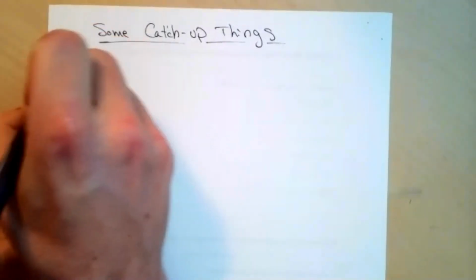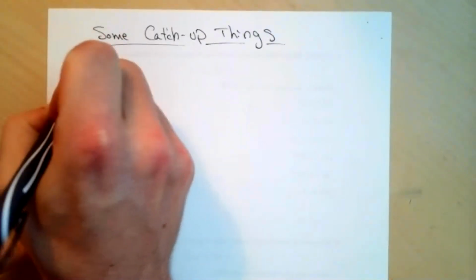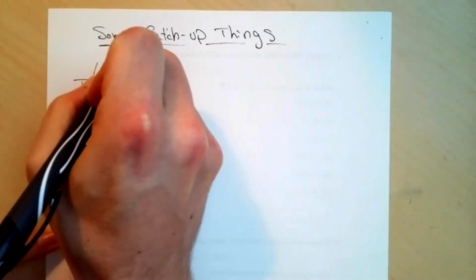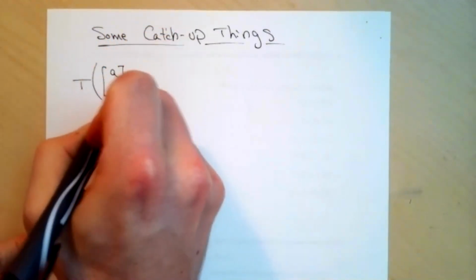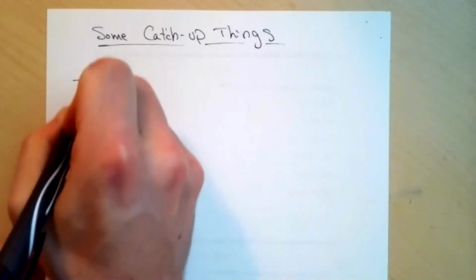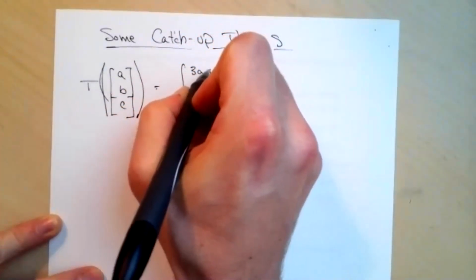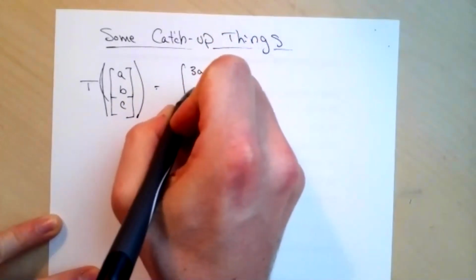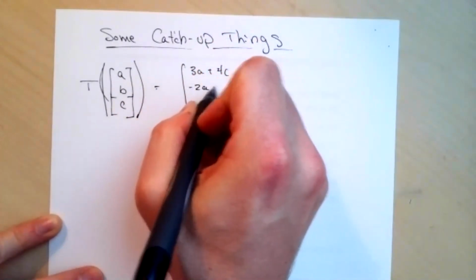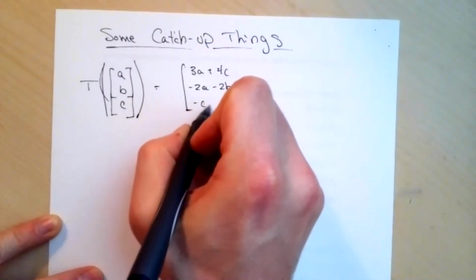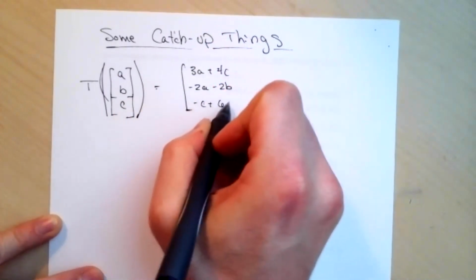So for example, we saw things like this. Here, let's make it three-dimensional. T of (a, b, c) is equal to something like (3a plus 4c, minus 2a minus 2b, and minus c plus 6b).